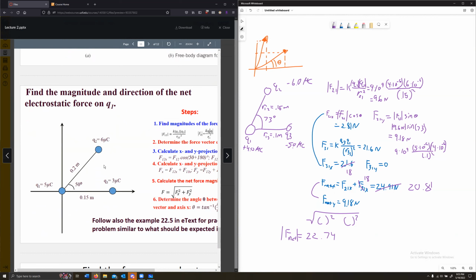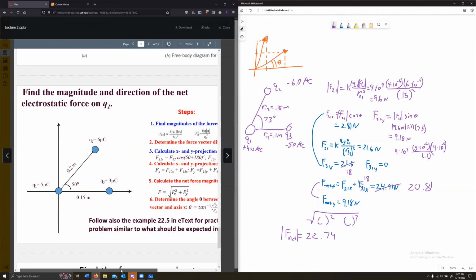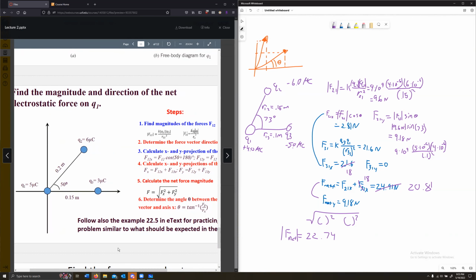Because if I'm right, the way I thought of this is that this right here is saying the force from 1 onto 2.